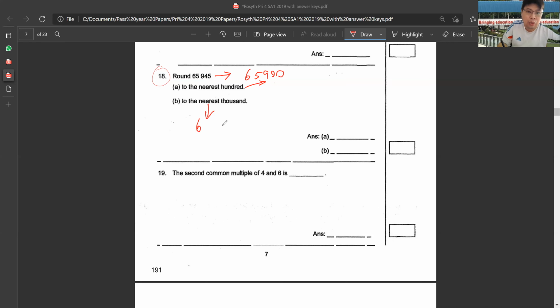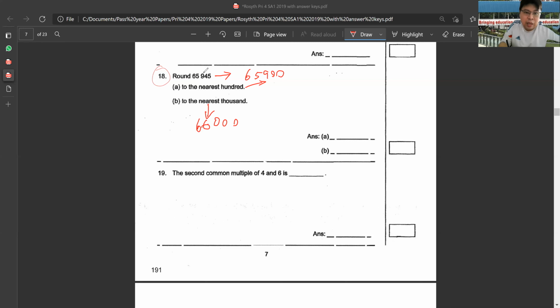The 5 should change to 6 because you're rounding up, 5 plus 1 is 6, right? So you change to 6. 66,000.